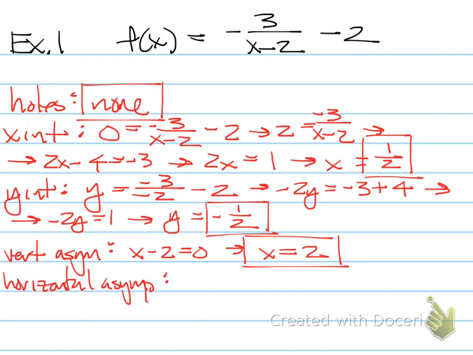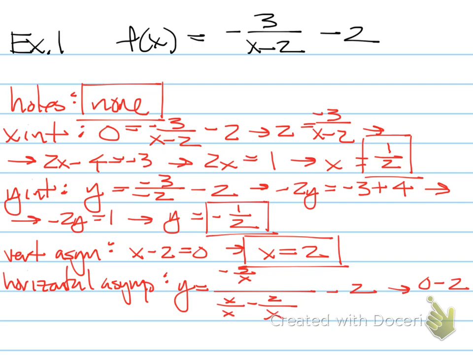And horizontal asymptotes: we're going to divide the numerator and denominator by the highest degree in the denominator, which is x. Anytime you have a constant over x to any power, as x approaches positive infinity, it's going to approach 0.